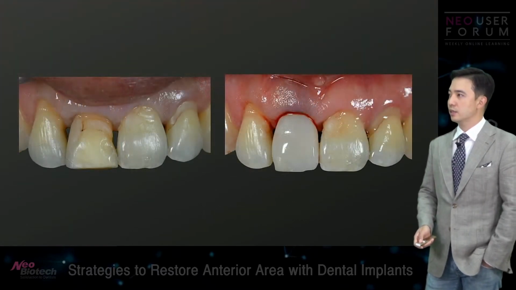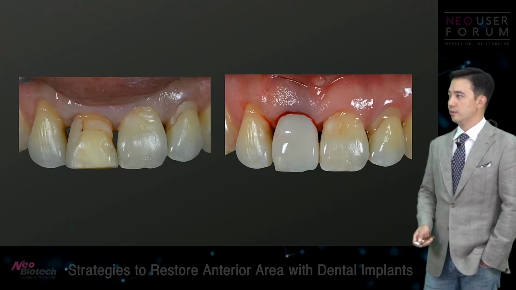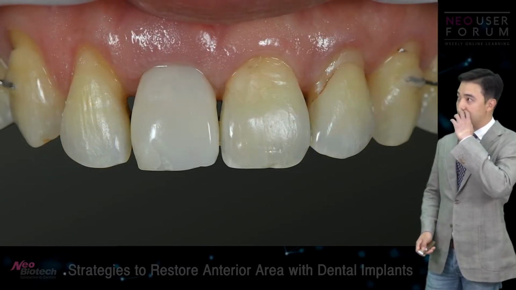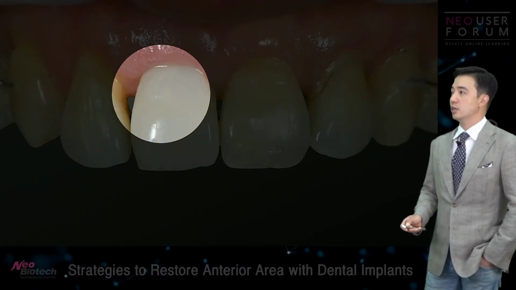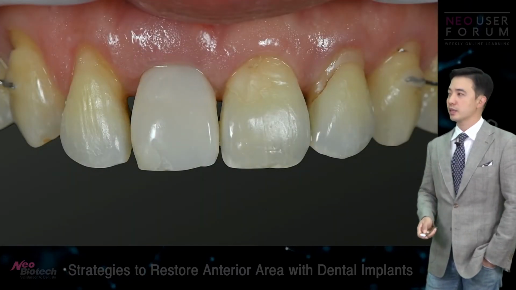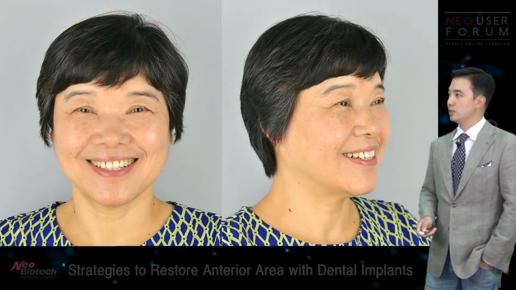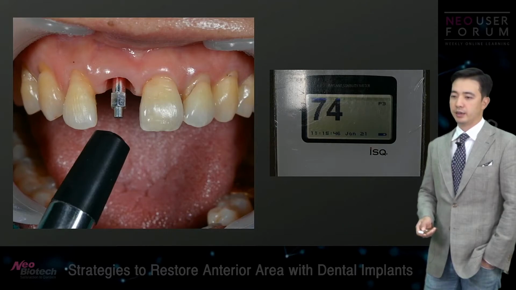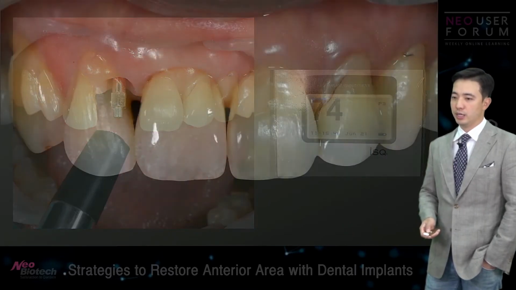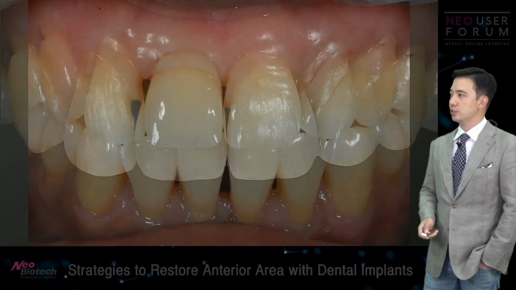So I needed that 2 millimeters of soft tissue height to be prepared for this recession, and it really worked out well. So that's the day of surgery, and this is the very next day. See how well the soft tissue healed in one day, right? So the patient was really happy about her smile with the provisional, and then we measured the ISQ value, went ahead, finished the case.